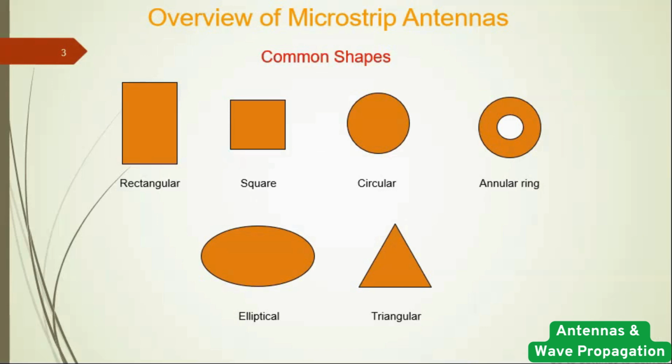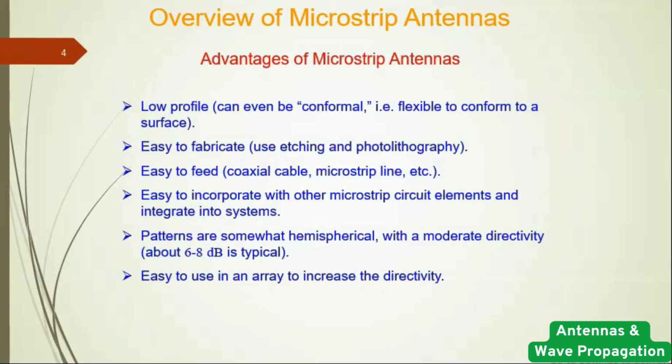Now, let's start with the advantages of microstrip antennas. Microstrip antennas are lightweight, smaller in size, and lesser in volume. These can easily be molded to any desired shape because of the conformal structure. Their fabrication process is simple, production is easy, fabrication cost is low, and they can be manufactured in large quantities.